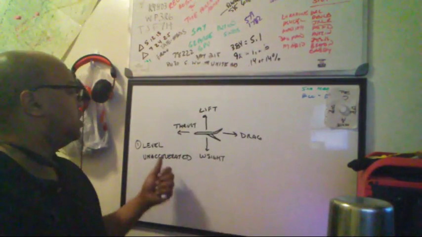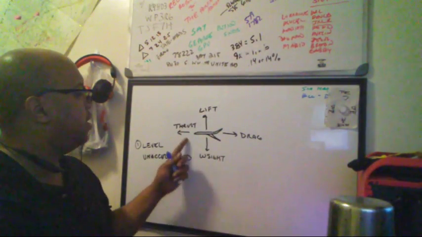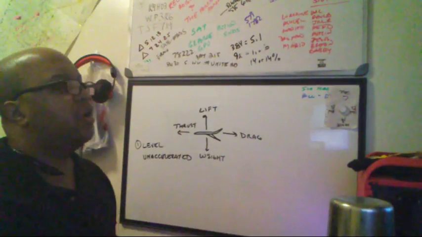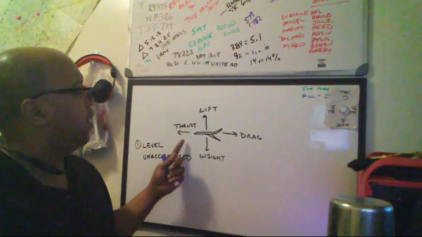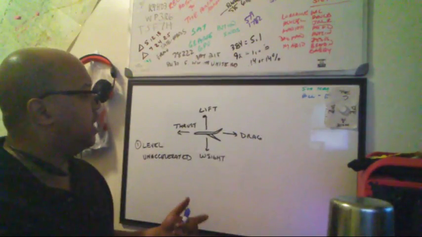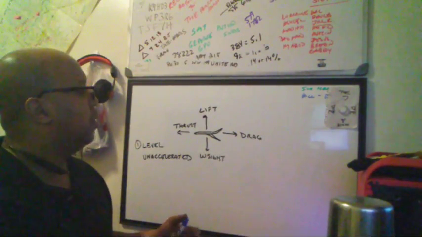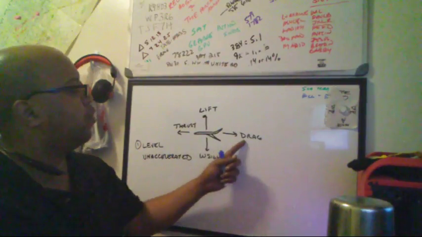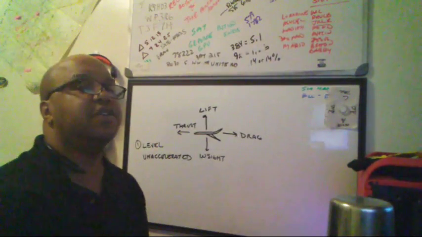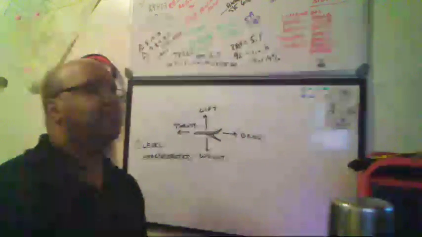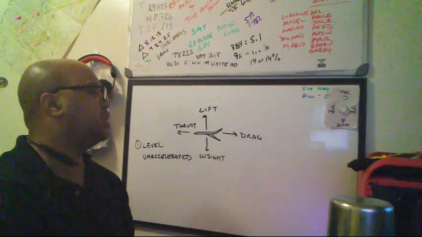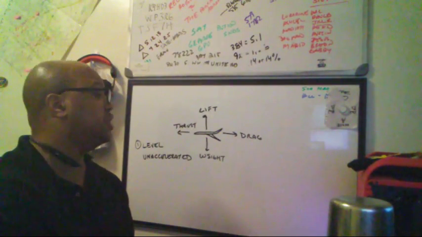The second condition is unaccelerated flight, so thrust and drag are balanced out, which means thrust is counteracting drag perfectly and zeroing it out. So you have one force going this way, one force going that way, and it's of the same magnitude. So the net force is actually zero.